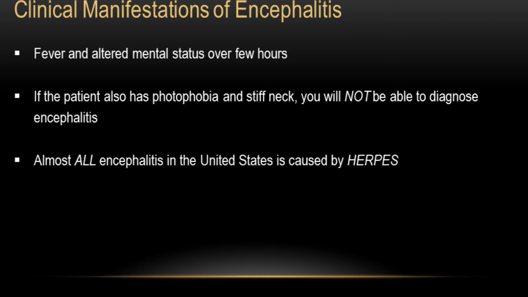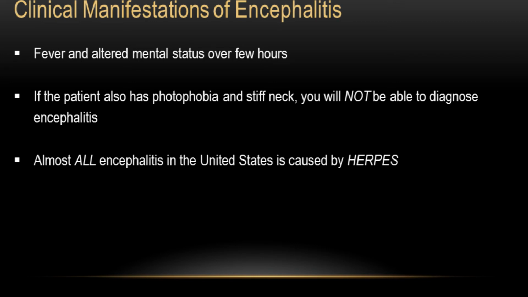Notice, if the infection extends to involve the meninges, you will also get the manifestations of meningitis, which are headache and neck rigidity. If the patient still has photophobia and stiff neck, you will not be able to diagnose encephalitis because the picture is going to be confusing with meningitis.